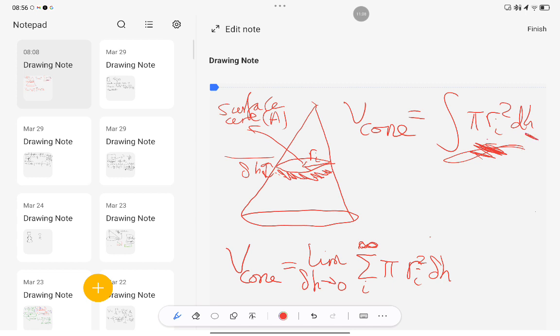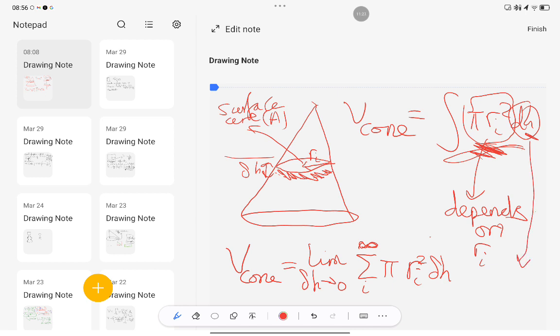But we can clearly see that in the middle, this part depends on the radius of the ith segment, whereas this is referring to the width of the ith segment. So they're not referring to the same variable.